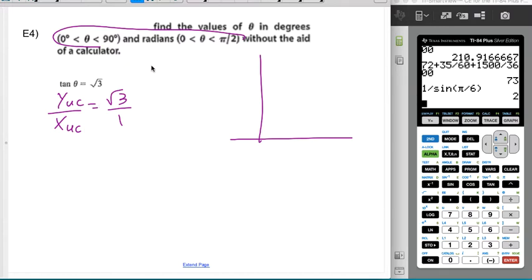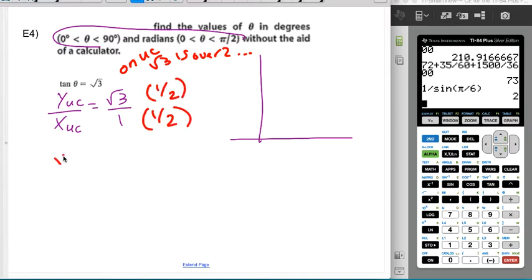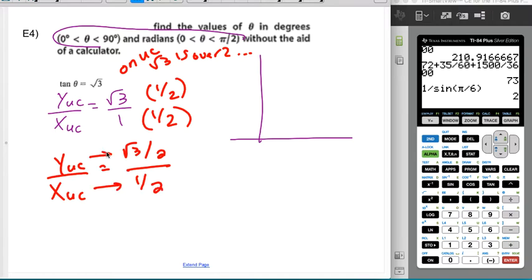What I'm going to do is recognize that on the unit circle, the root 3 is over a 2. So what if I multiplied both the top and bottom by a half? Couldn't I make this look like the stuff on the unit circle? I'm pretty sure I would get root 3 on top of 1/2. And so I say to myself, oh, I want where the x is 1/2 and the y is root 3 over 2.